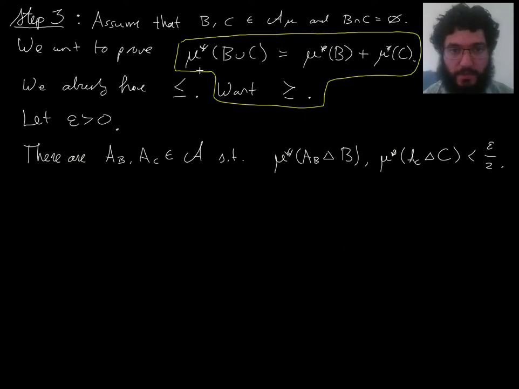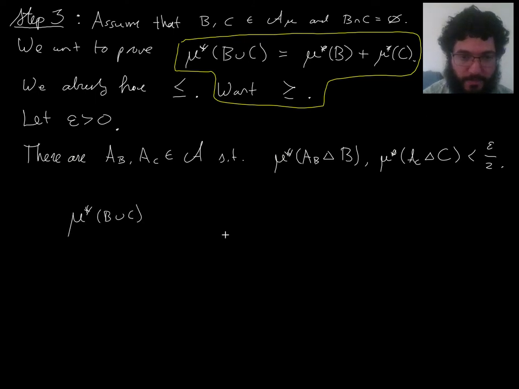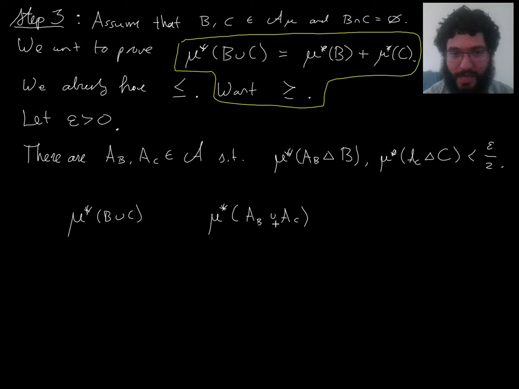So let's start with focusing on mu star of B union C. We've also got something that we think will help us more in this proof, which is mu star of AB union AC, right? Even though we cannot directly apply additivity to this since these are not necessarily disjoint, we'll still have a way to deal with that.